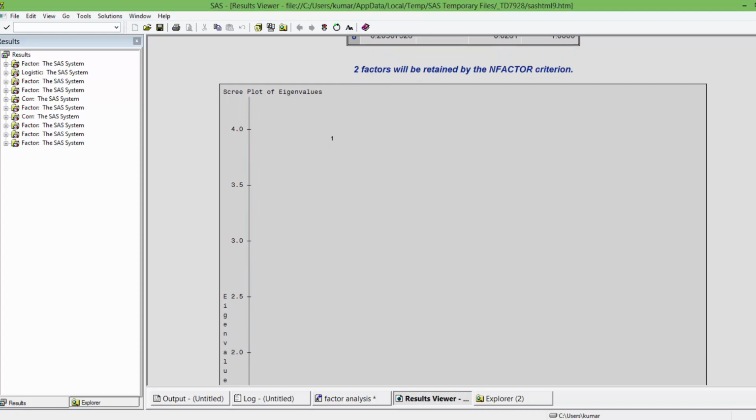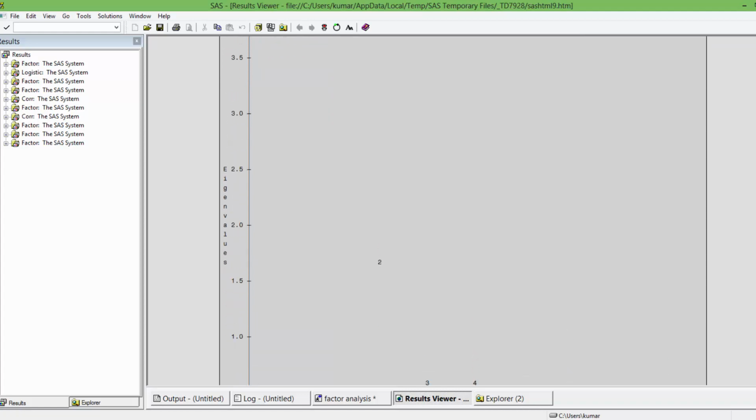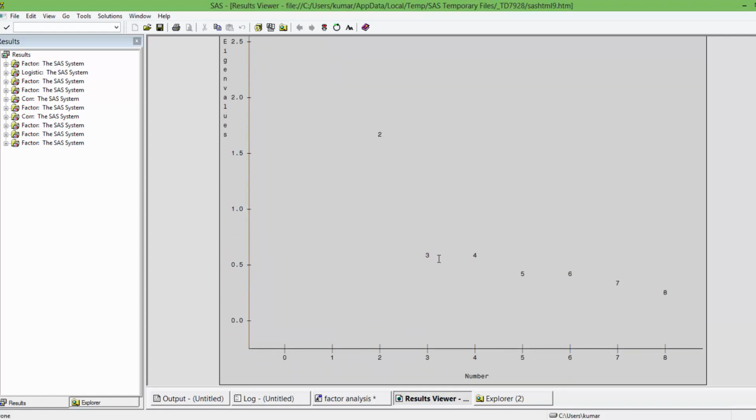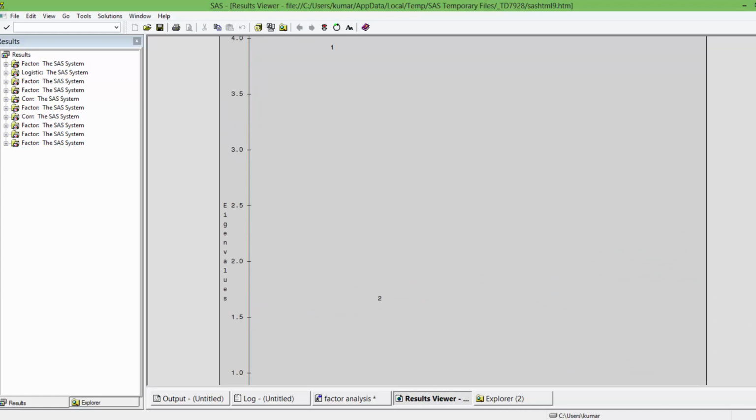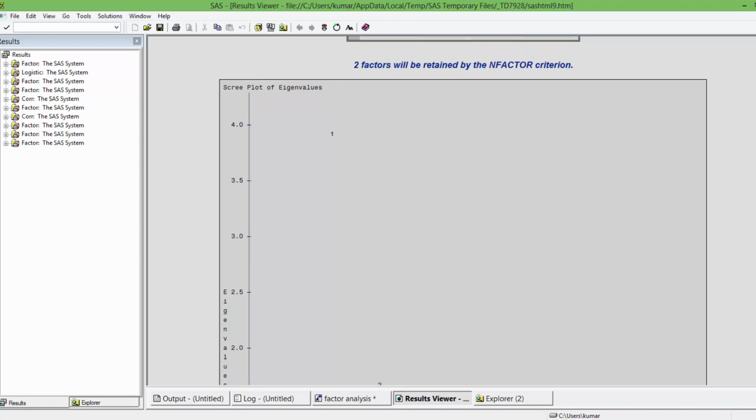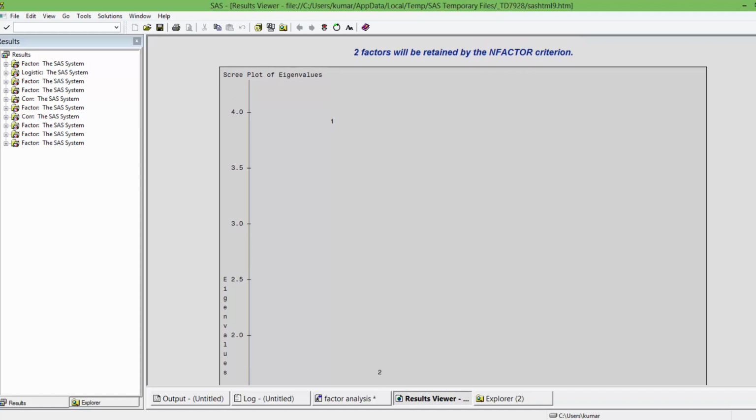Look at this plot. It keeps decreasing, then it becomes flat, right? So there is an elbow-like structure in this plot.